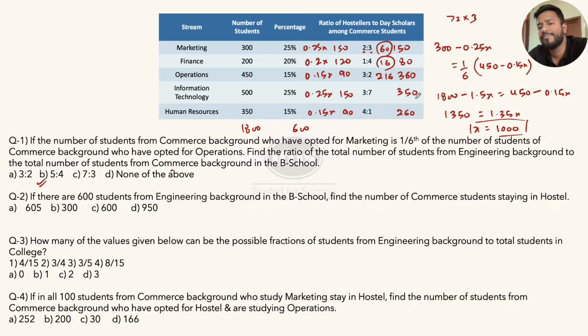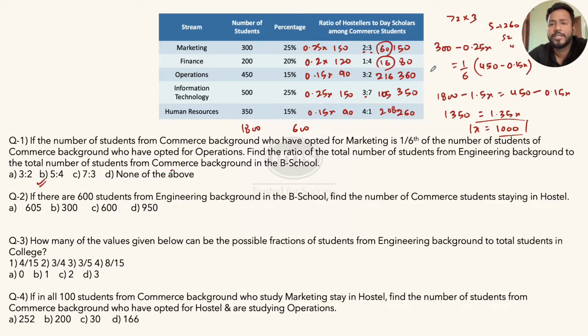Instead of 10 we have 350, that is 35 times. 35 into 3, not 115, 35 into 3 is 105, sorry, 105. Then 4 is to 1, that is 5. Instead of 5 we have 260. That means this is 52 times. So 52 into 4 we need. So 52 into 4 is 208.